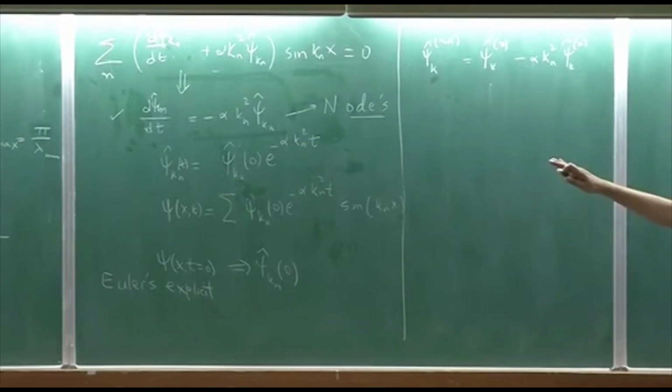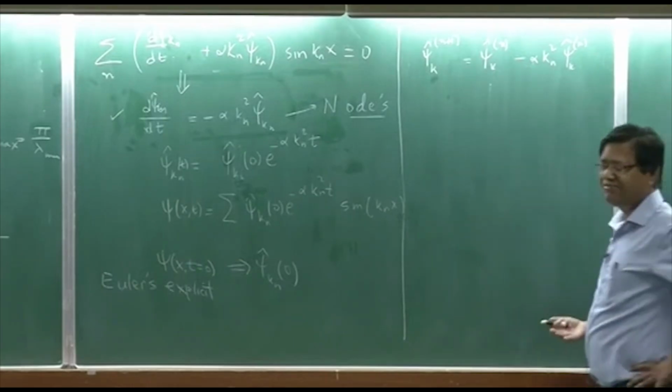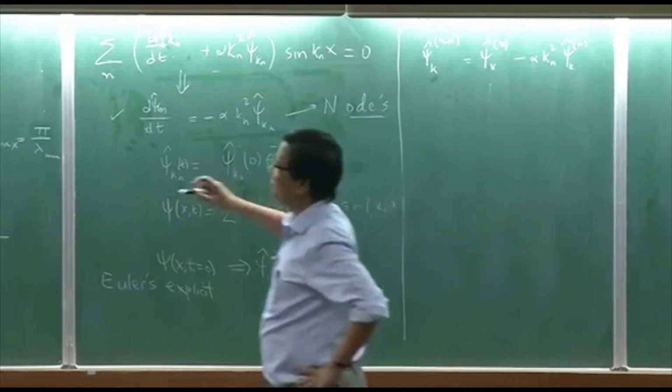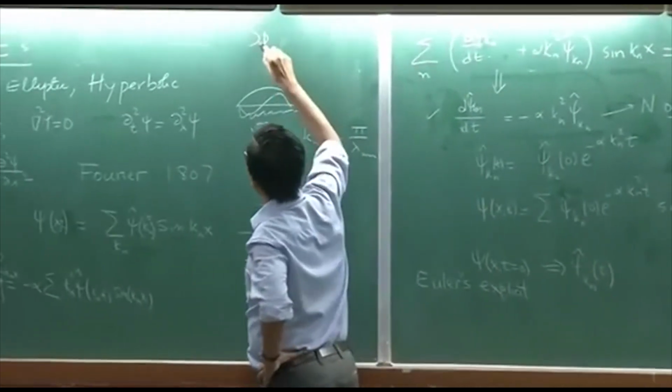By the way, this is a spectral method, so some of you have chosen the spectral method. It uses the Fourier transform, so you can use this method to solve many differential equations, PDEs.